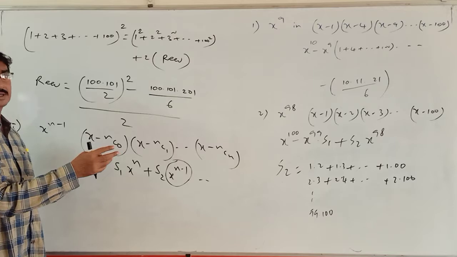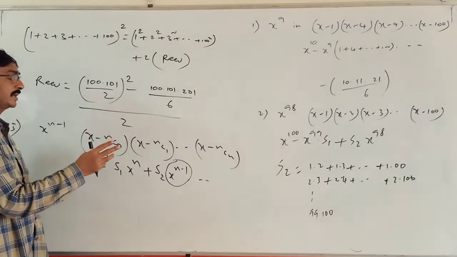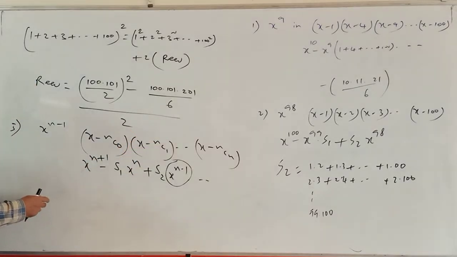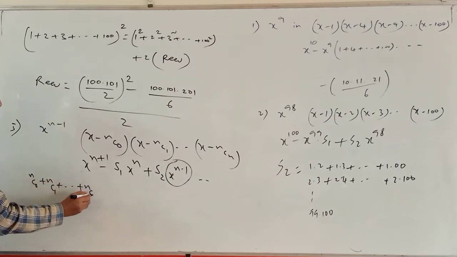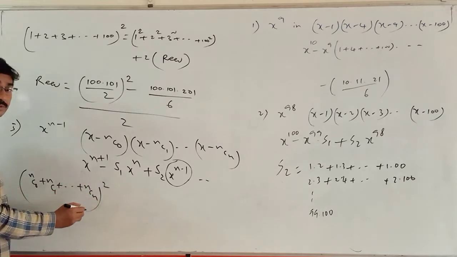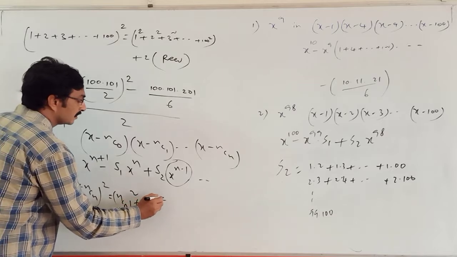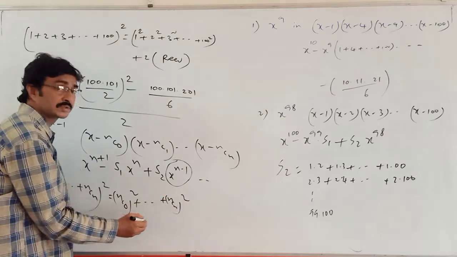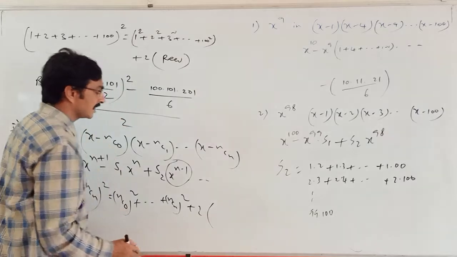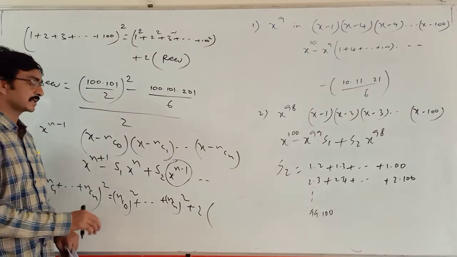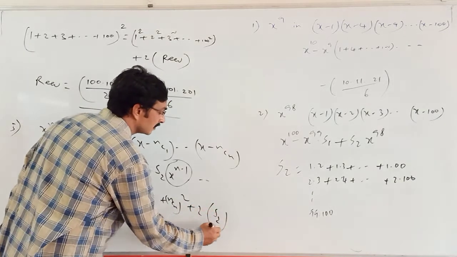Means the sum of the products of the values taking 2 at a time from nC0, nC1, nC2 and so on nCn. Okay, the same formula. So (nC0 plus nC1 and so on nCn) whole square equals nC0 whole square plus and so on nCn whole square plus 2 times of (nC0 into nC1 plus nC1 into nC2 plus and so on), that is the required S2.